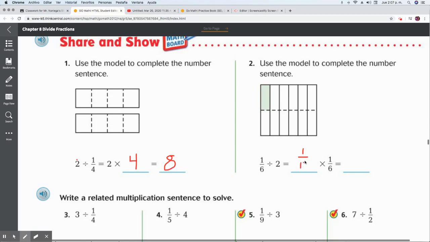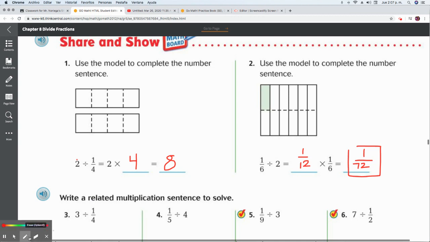Okay, 12. So what would the answer be? 1 times 1 equals 1, and 6 times 12 equals 72. So that is what the answer would be.